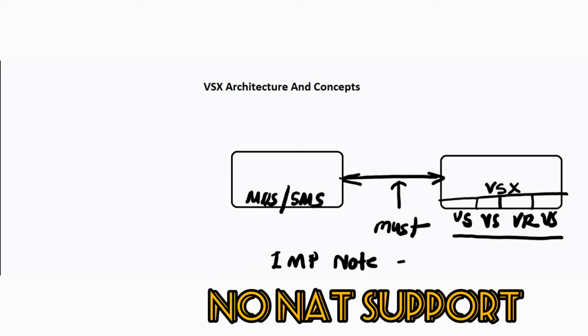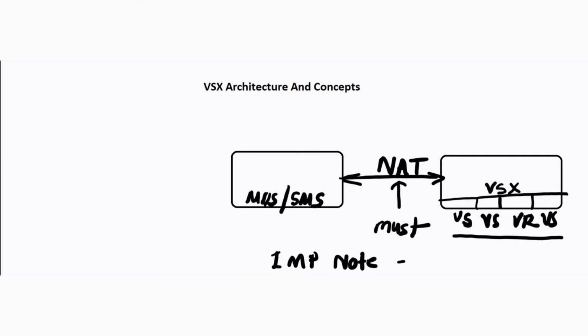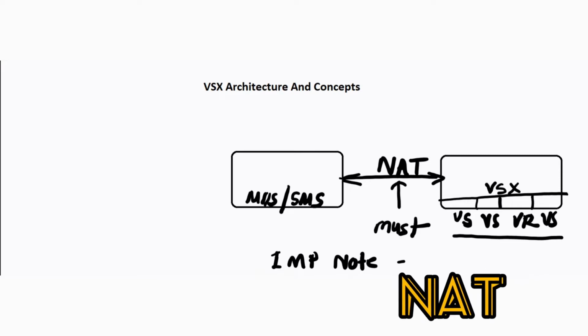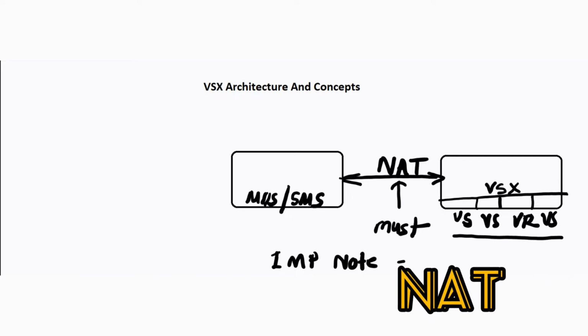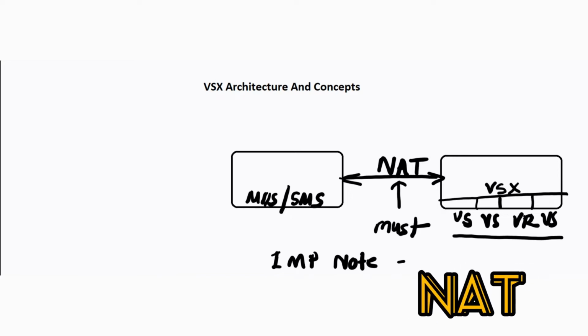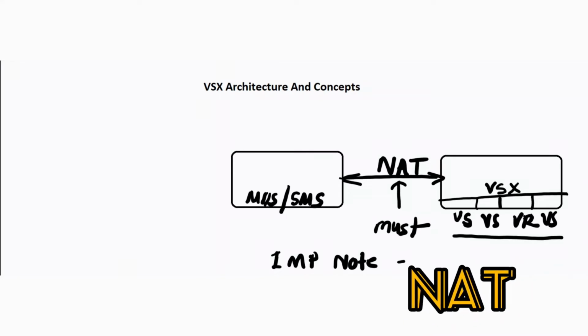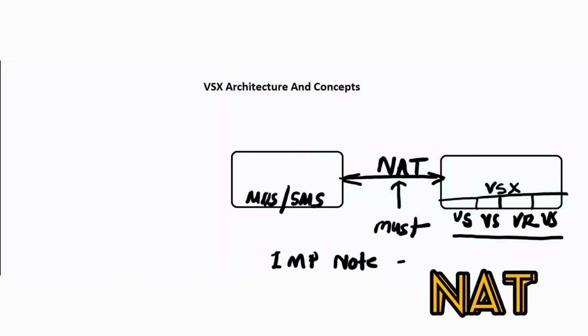It means whenever you set up NAT for the VSX gateway or management server, you need to take care that they are not behind NAT. And we all know what NAT is, network address translation: public to private, private to public IP conversion based on the various NATs available, right?